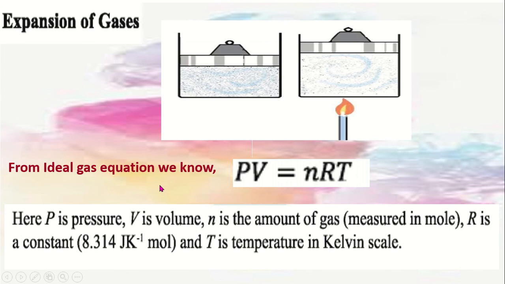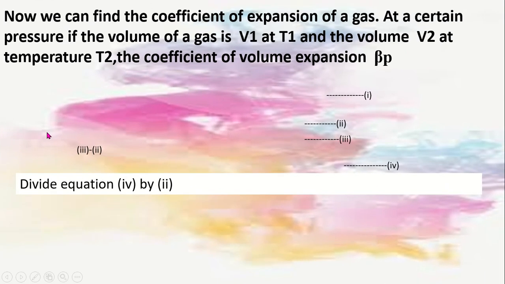So now I will calculate the coefficient of volume expansion of gaseous substance. Now we can find the coefficient of expansion of a gas at a certain pressure if the volume of a gas is V1 at T1 and the volume is V2 at temperature T2.